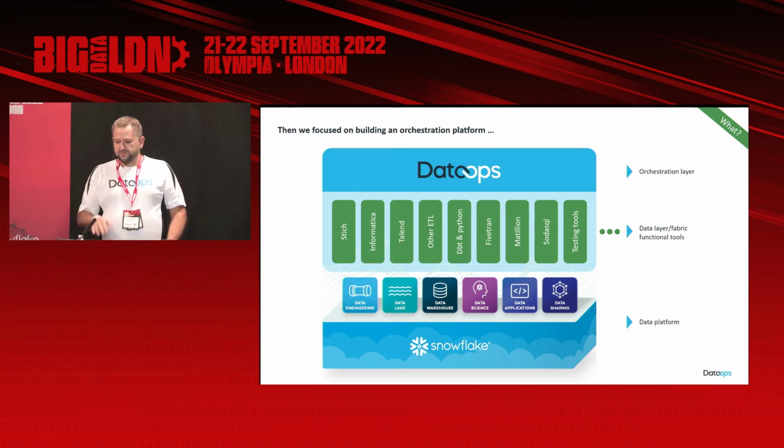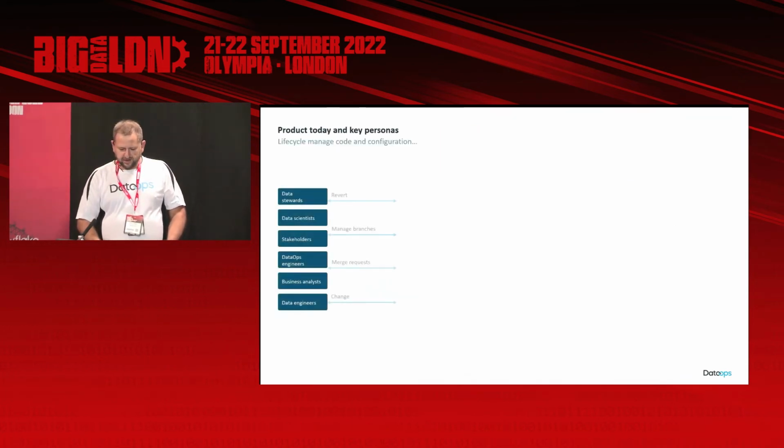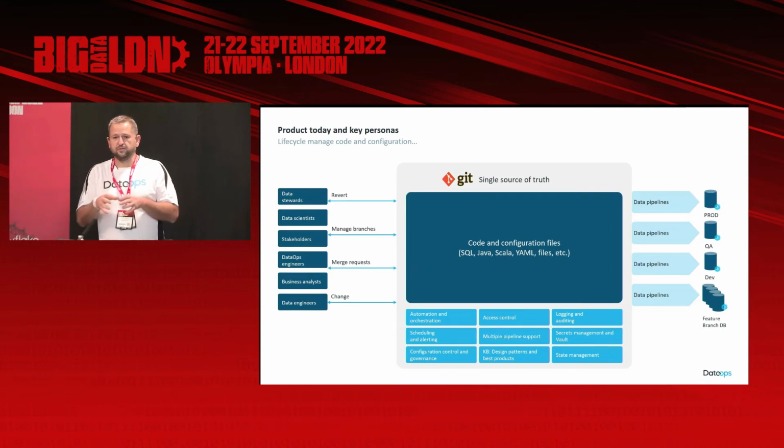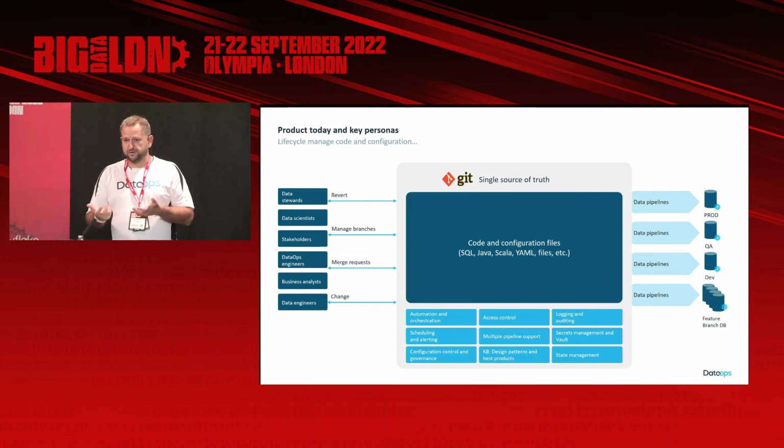Now, if we look at a little bit under the covers, what is actually happening here? Everything is pretty much grounded by Git, right? So Git is our platform that is our source of truth. All of our artifacts live in Git. So we know that all of the code that we've put in to deliver this data product is actually in a central repository, which we could easily work with using the online tools.